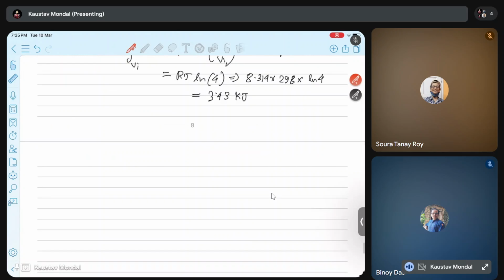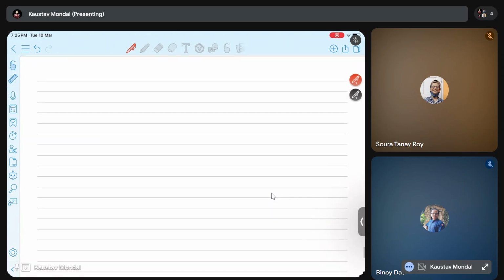The next problem is, there's a PV diagram involved here.